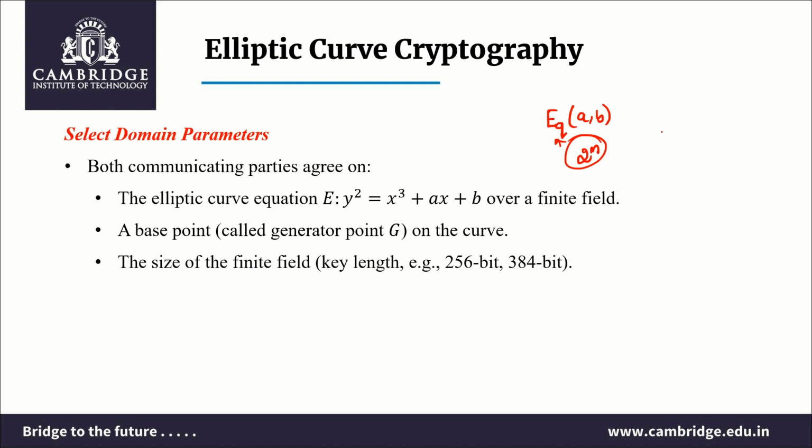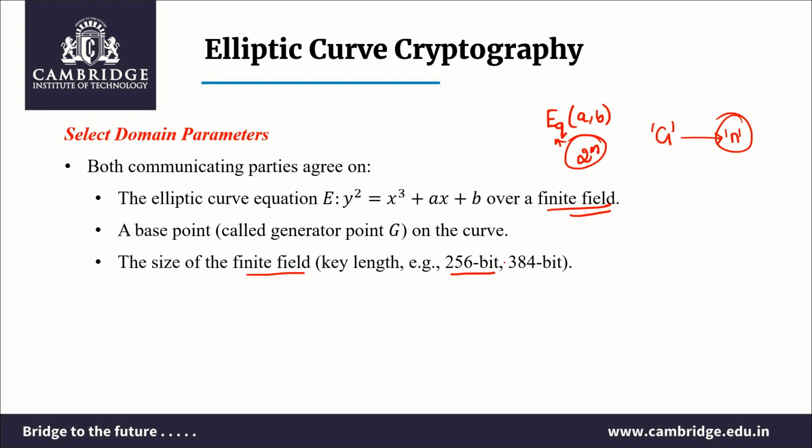And then you are going to select a point G on the curve, whose order should be as large as the value n. And what is this n? This is the restriction that we are imposing on ourselves. It is an infinite field, but we are restricting ourselves to a finite field, and that finite value is n, which is the size of the finite field. As I mentioned earlier in the previous video, it can be 256, 384, anything.